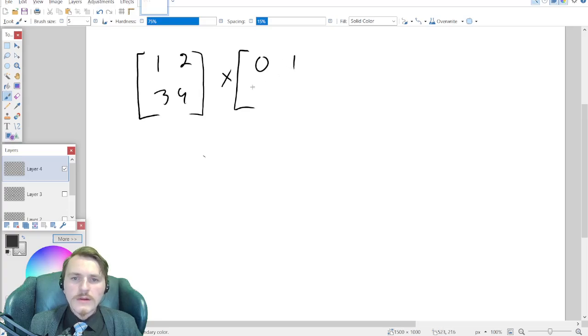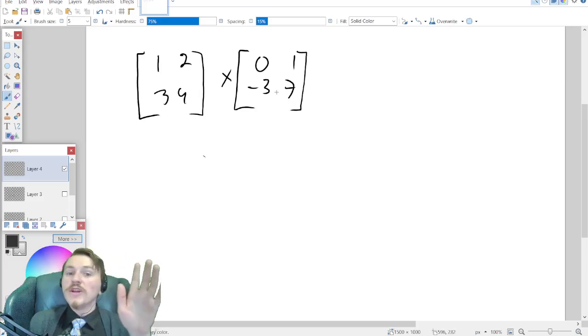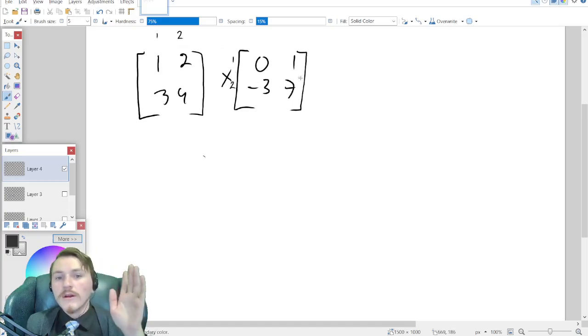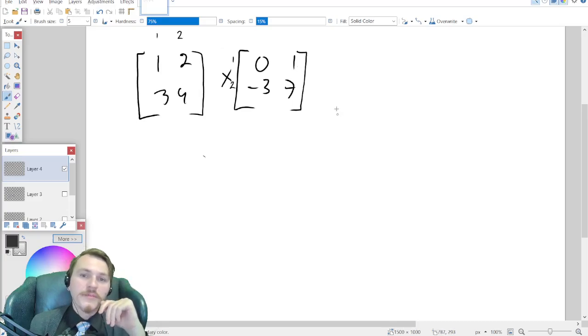So the first thing we do before we even try to multiply, does this thing have the same number of columns as this does rows? 1, 2, right? And this has 1, 2. So we're good. We can do multiplication. So we can just start multiplying.